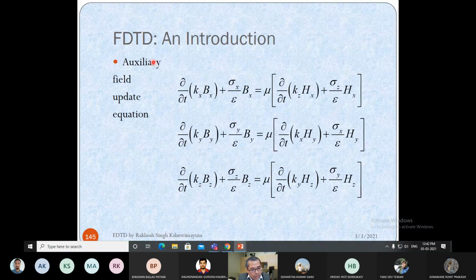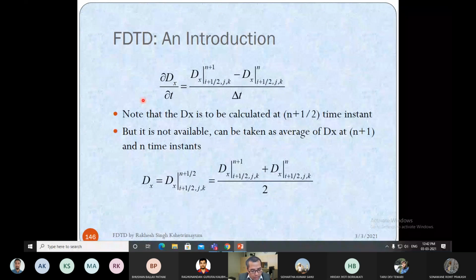Okay, let us see how to discretize these auxiliary fields. Dx is an auxiliary field, the electric flux. So Dx actually follows the discretization of the electric field because Dx is dependent on Ex. So Dx would be discretized like this. It will be discretized over the integer time step.